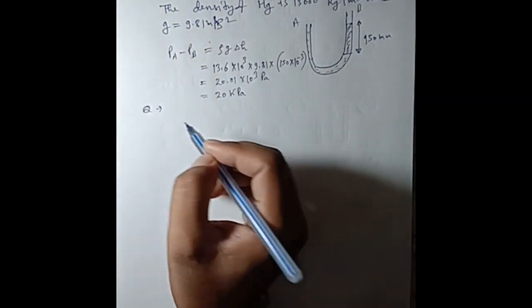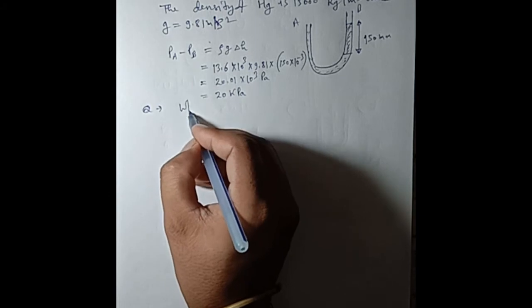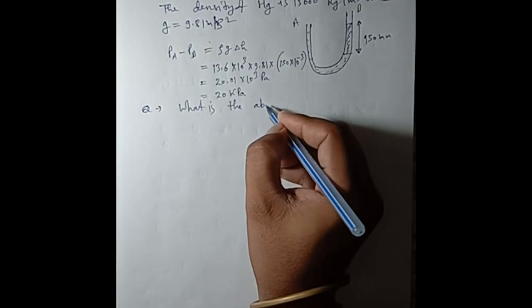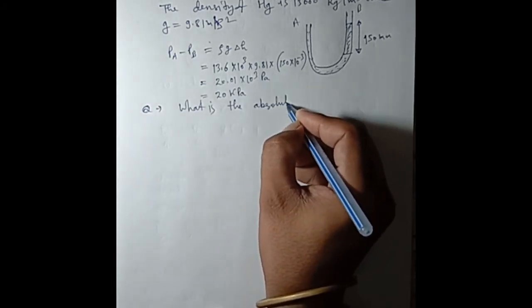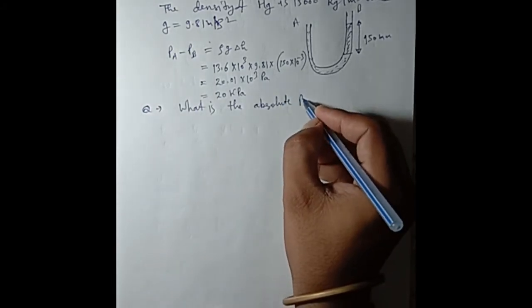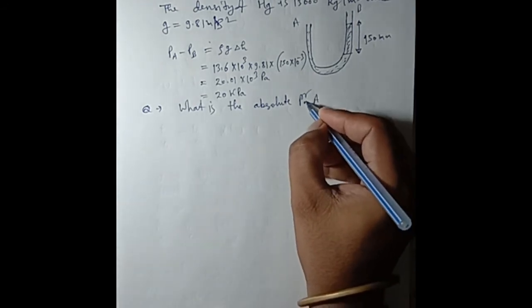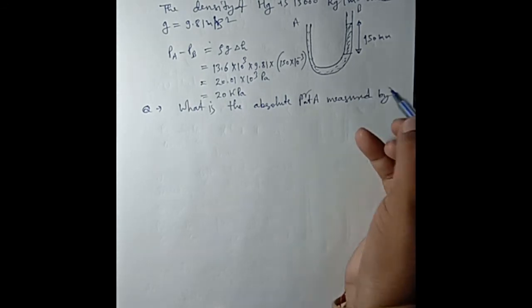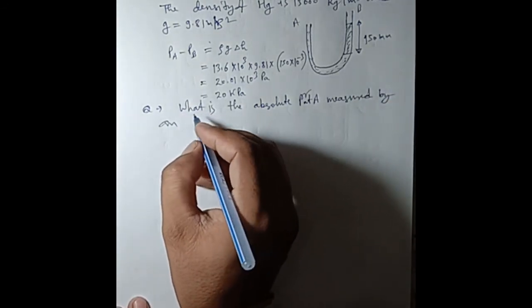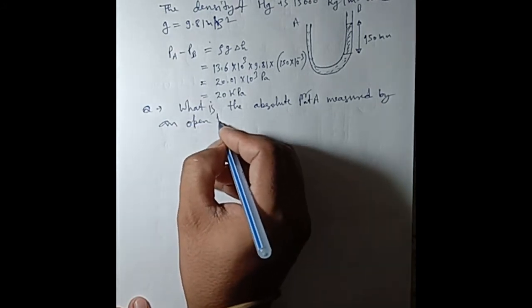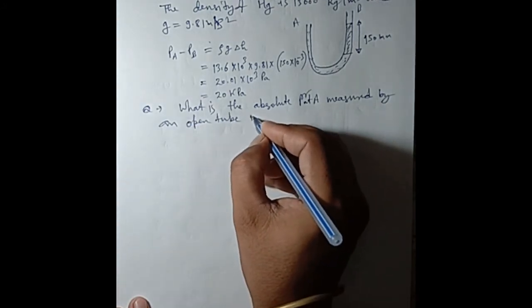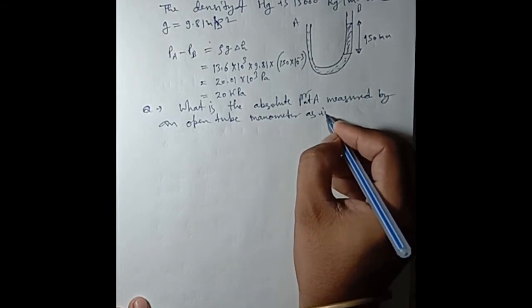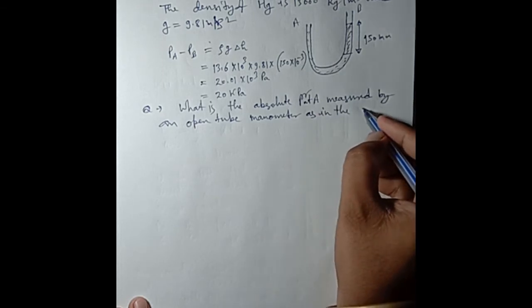Next question is, what is the absolute pressure at A measured by an open tube manometer as in the shown figure.